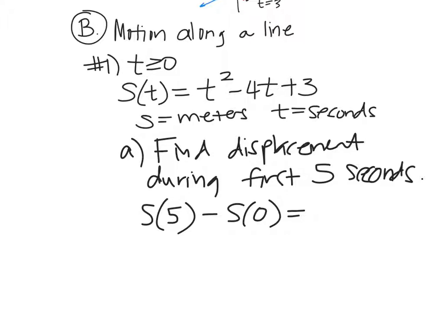I want to find out how many meters I traveled from 0 to 5 seconds. Then I would need to do s of 5 minus s of 0. So you plug in 5 into this equation. 25 minus 20 plus 3 is 8. Minus 0, 0 squared minus 0 plus 3 is 3. And so the displacement is 5. And you're going to need units for all of these answers.